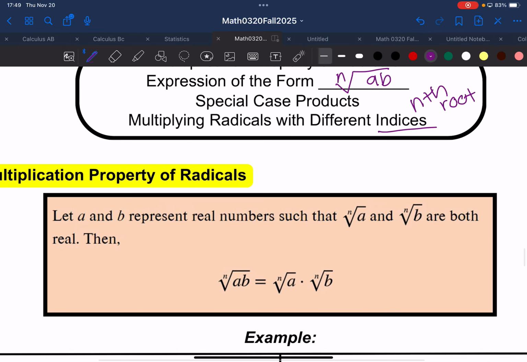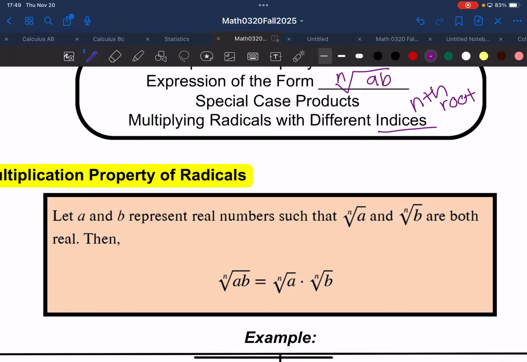It says, let A and B represent real numbers such that the nth root of A and the nth root of B are both real. Then the nth root of A times B is the same as, okay, we can separate them and give them each their own radical.